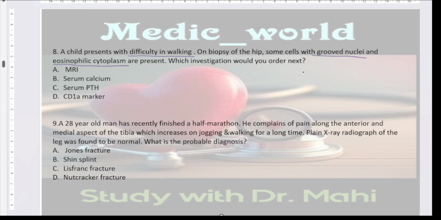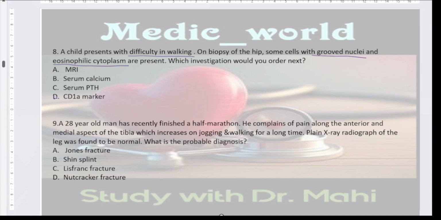Histopathologically, cells with grooved nuclei and eosinophilic cytoplasm can be observed in both Langerhans cell histiocytosis and chondroblastoma. Therefore, the next step to differentiate between them would be to obtain a CD1A marker, which is typically positive in LCH.